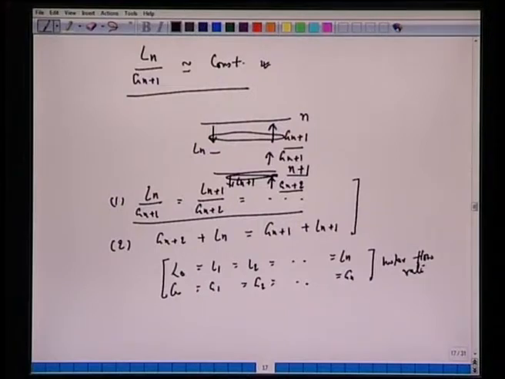Let's try to understand what we are saying here. What we started with was the Ponchon-Savarit method. We said that the energy balance, the enthalpy balance, holds good the way we had. The difference between the two streams reaching or leaving the plate is the same as Q dash. Then we came out with the expressions for Ln and Gn plus 1: the molar flow rate of the liquid leaving the plate, Ln, and the molar flow rate of the vapor which arrives at plate N from N plus 1.